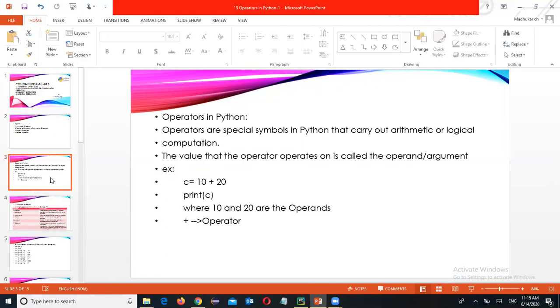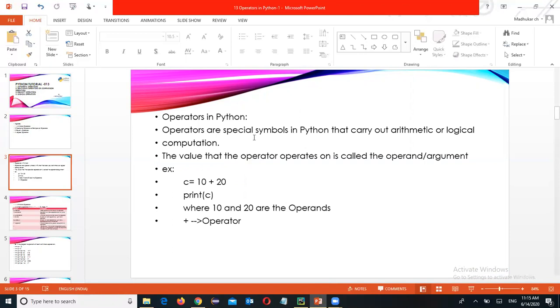Try to understand. When you go for operators in Python, two terms are there: operand and operator. First, what is an operator?